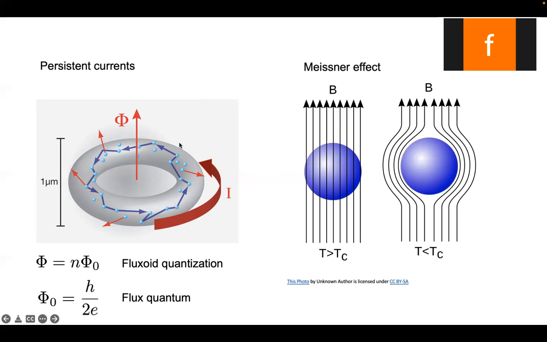For instance, if you have a ring here, and you are able to induce some current, some magnetic flux around the loop, be it with a magnet or an external inductor.